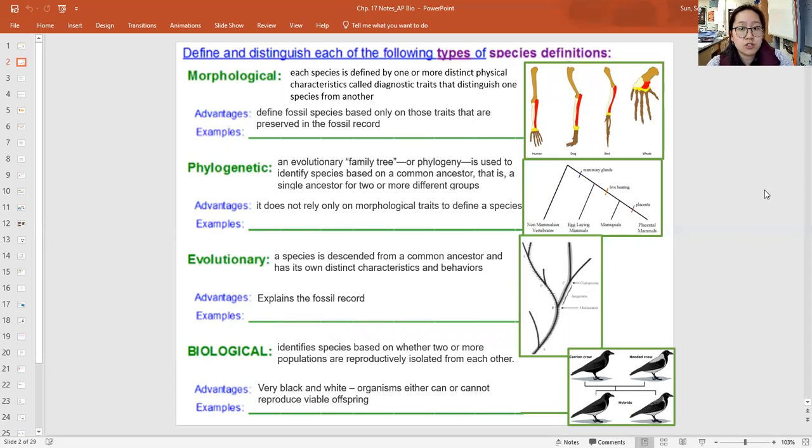Coming up next is phylogenetic species definitions. The concept is that an evolutionary family tree, or phylogeny, is used to identify species based on a common ancestor, that is, a single ancestor for 2 or more different groups. The advantage of using this concept is that it does not rely on morphological traits to define a species.